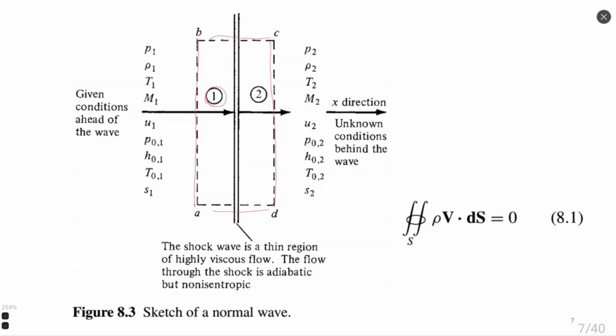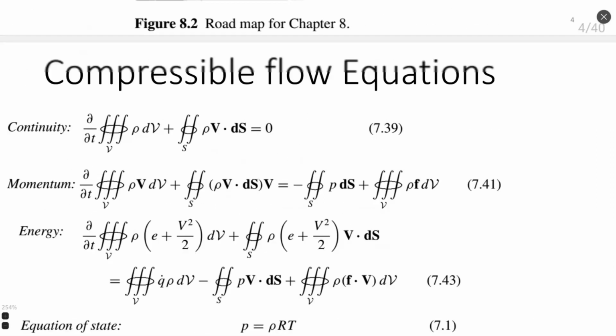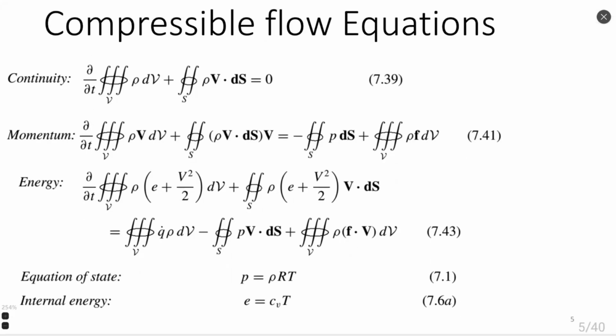Equation 8.1 shows a continuity equation written in its stationary form, where we do not have a time derivative. Going back to the equation system, we might see that the complete continuity equation had this time derivative.